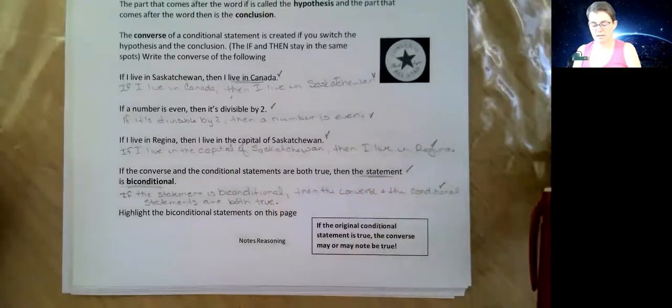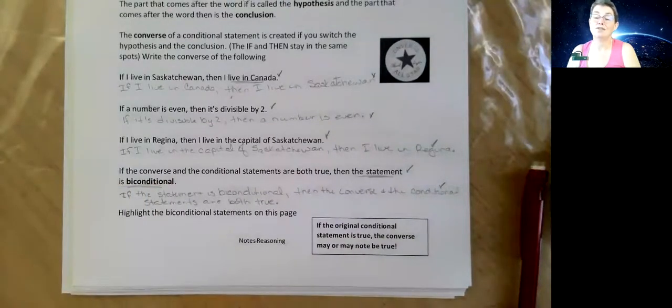This is actually the definition of biconditional, which is kind of like the third thing you have to learn. So you've got a conditional statement is an if-then, and the converse is the flip.